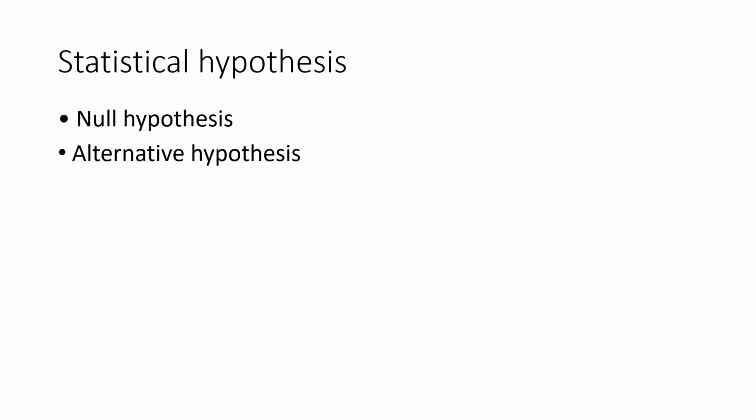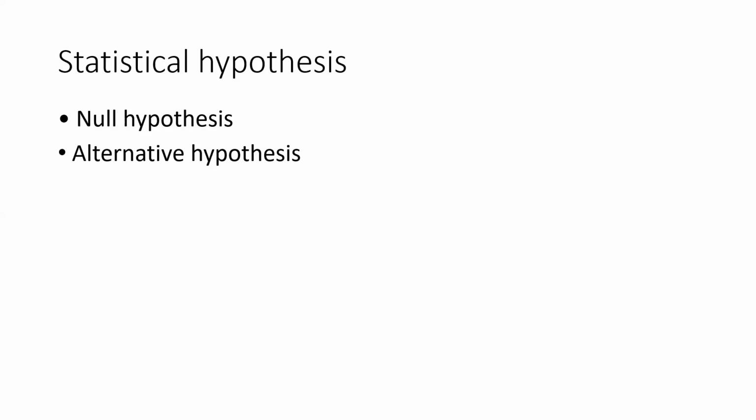For the same study question, we can develop a hypothesis. Usually there are two types of hypothesis: null hypothesis and alternative hypothesis. That's the same hypothesis, we are wording it in different ways.